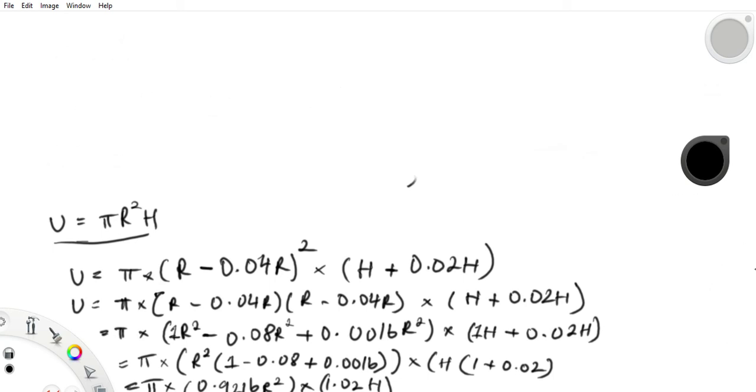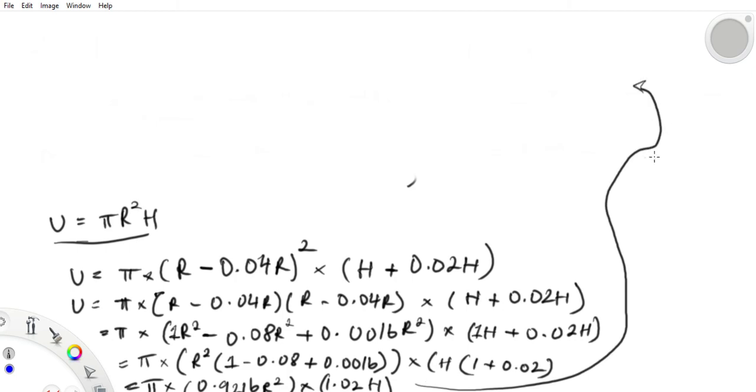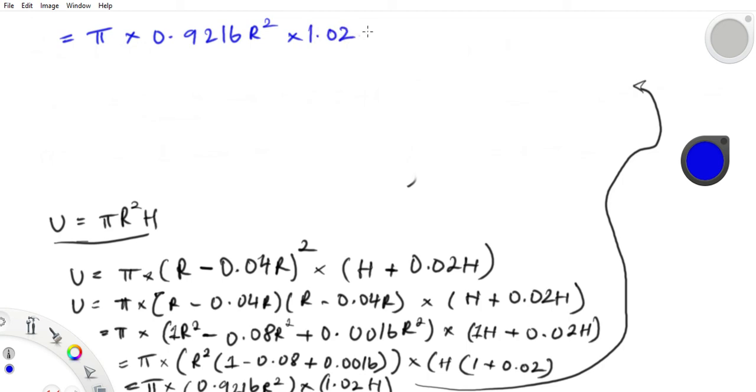Now I have pi times 0.9216 r squared times 1.02 h.